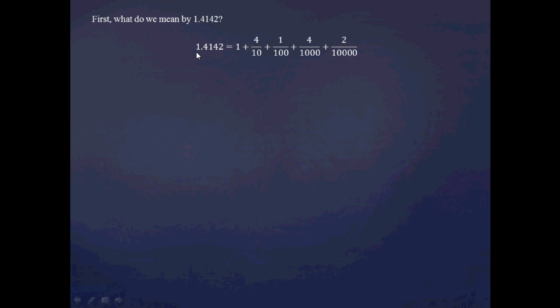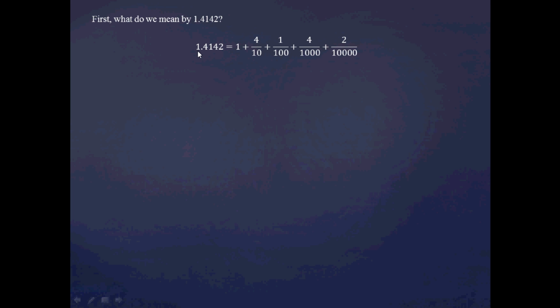What we mean is that the representation 1.4142 means 1 plus 4 over 10 plus 1 over 100 plus 4 over 1000 plus 2 over 10,000. And here we're working in decimal, meaning that we're working with powers of 10. So the digit in this location means how many copies of 10 to the 0 power do we take?